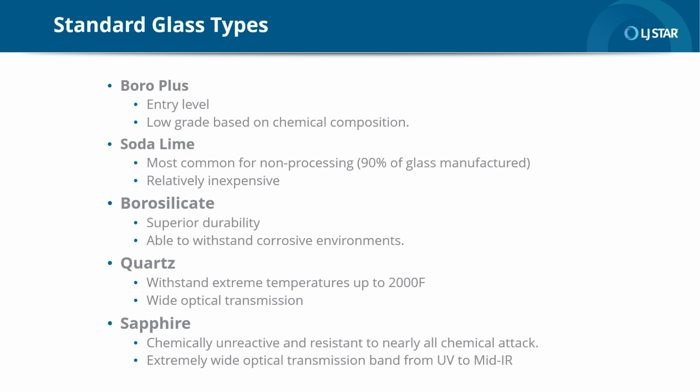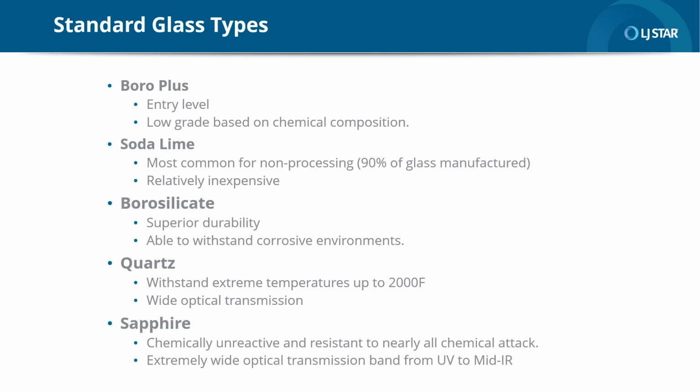Now, reasons why you would get into quartz and sapphire. Normally, we get into quartz because it's able to withstand extreme temperatures of up to, say, 2,000 degrees Fahrenheit. You can literally take quartz out of a red heat and plunge it into water without cracking the glass. So it is made to withstand extreme temperatures, and that may be where we use that.